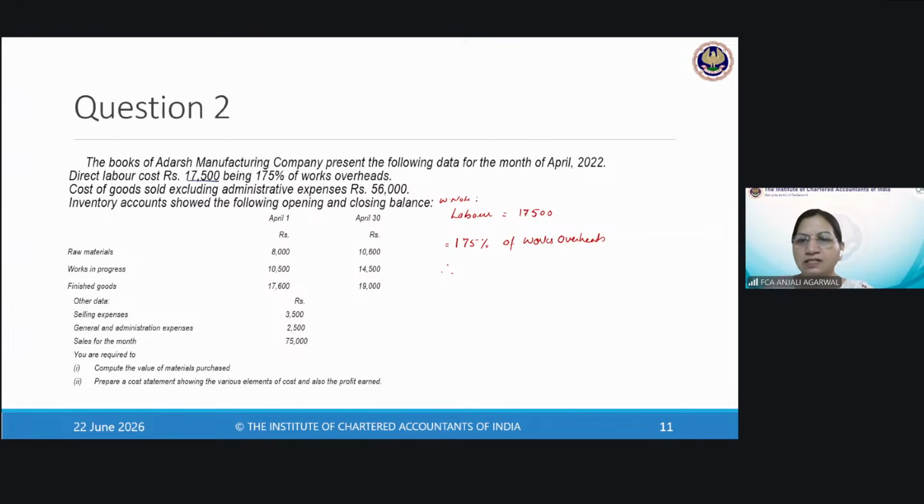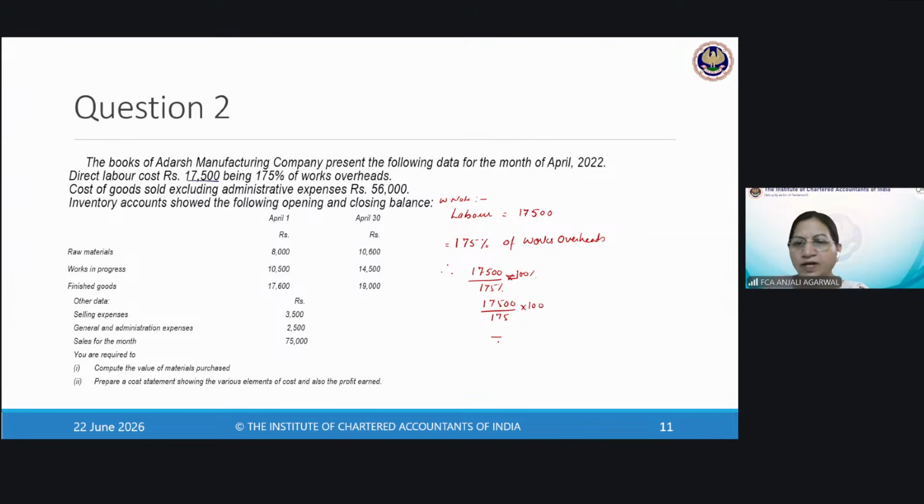Works overheads are 17,500 divided by 175% into 100%. So you can also say 17,500 divided by 175 into 100.